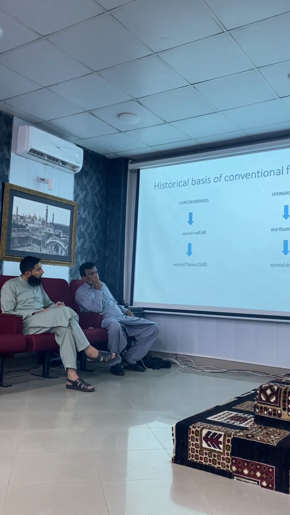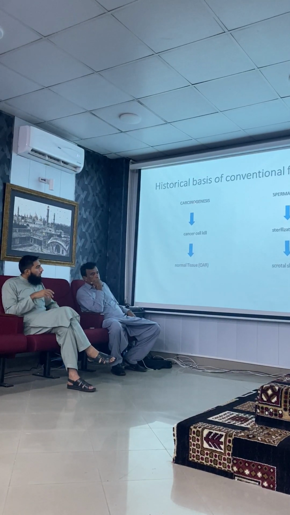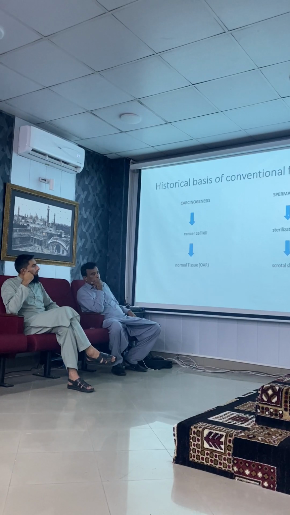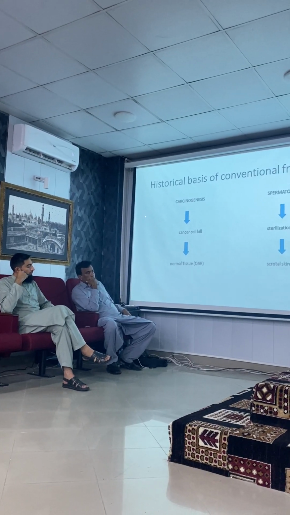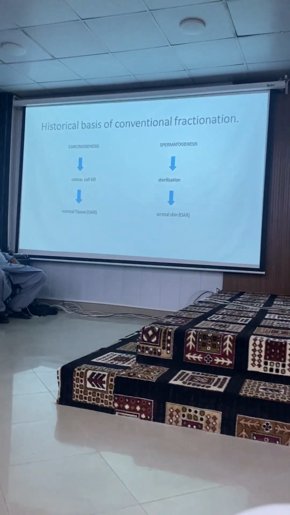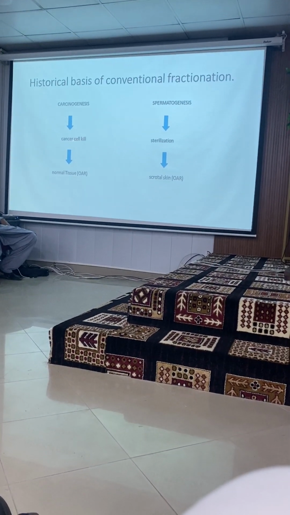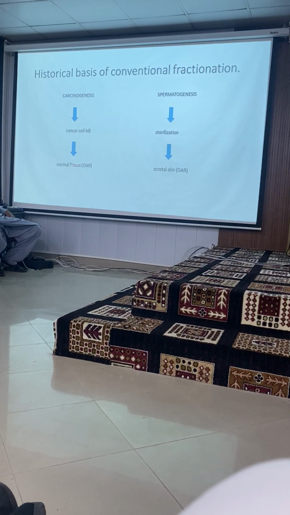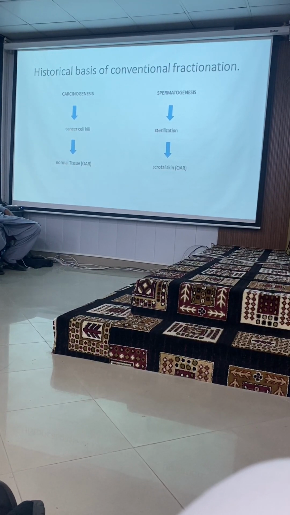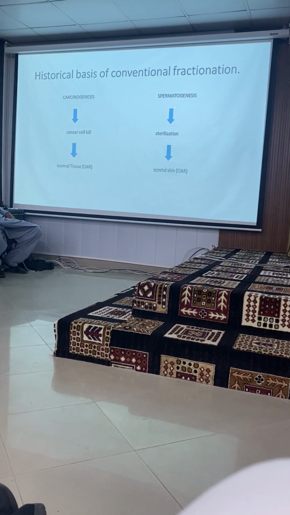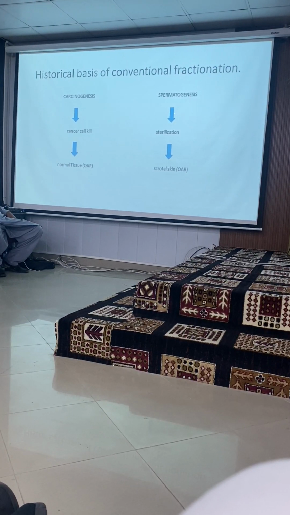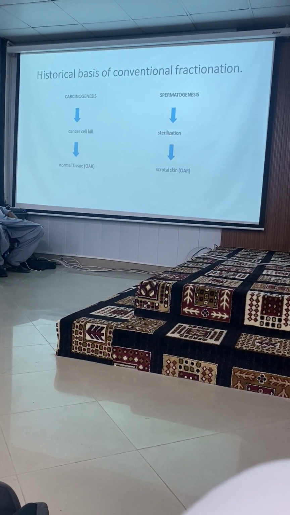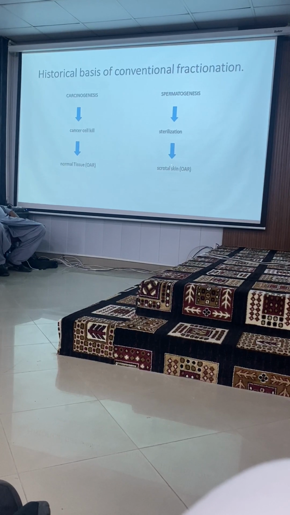So looking at it again, we thought of carcinogenesis as analogous to spermatogenesis, and fractionated RT was given, which would result in cancer cell kill, and it would result in sparing of the normal tissues. How did he think about this? He thought that spermatogenesis can be stopped, sterilization can be done without damaging the skin.